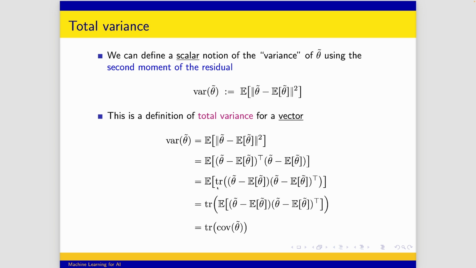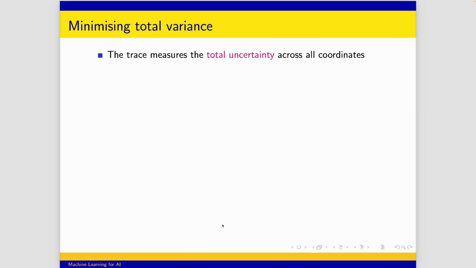So now we can take this trace outside. So we've got the trace of the expected value of this. Well, what is the expected value of this? This expectation here is the covariance of theta tilde by definition. So we've got the trace of the covariance of theta tilde. So this total variance that we've just defined turns out to be the trace of the covariance matrix for theta tilde.